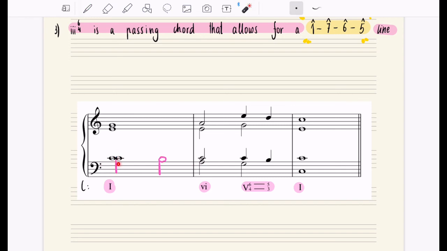We can go from C down through B down to A. And the good thing is that once you change the bass of chord 1 from C to B, the other voices are safe. So E and G does not have to change. We only have to change the C into B.